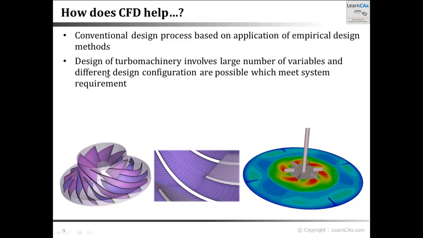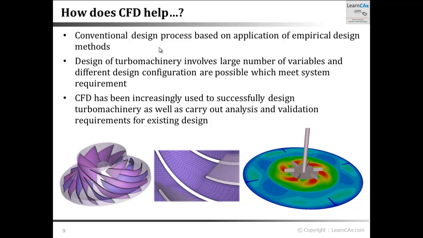Design of turbomachinery in general involves a large number of variables, and different design configurations are possible in order to meet the requirement. Parametric study of all these designs forms a part of the conceptual design process for any turbomachinery equipment. Now CFD is increasingly used to successfully design any type of turbomachinery, as well as carry out analysis and validation for an existing design.